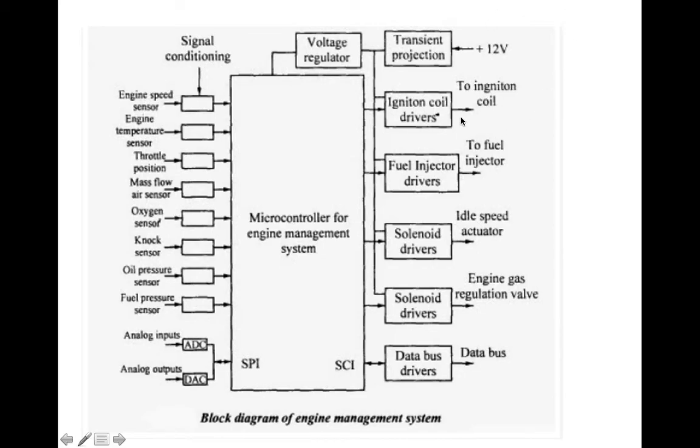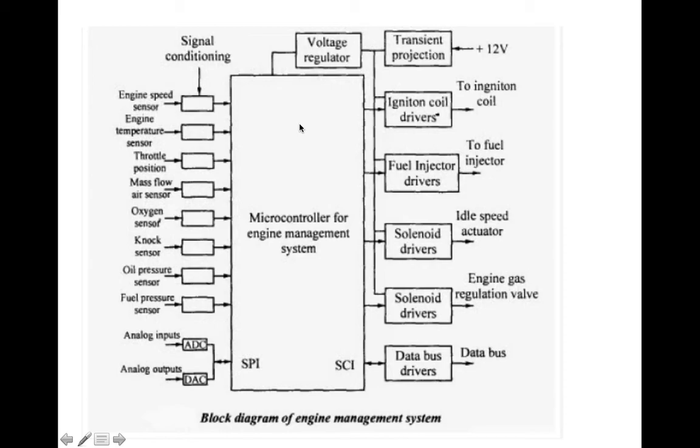For measuring the temperature, you require a temperature sensor. All these parameters have to be measured continuously and given as output to the microcontroller. What exactly happens in the microcontroller is that we have already predefined the appropriate values in order to get better performance.